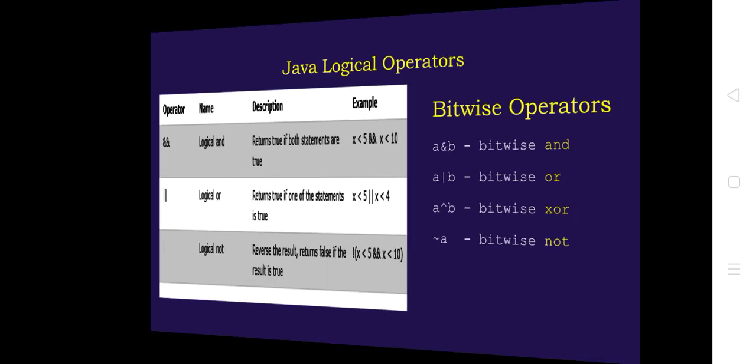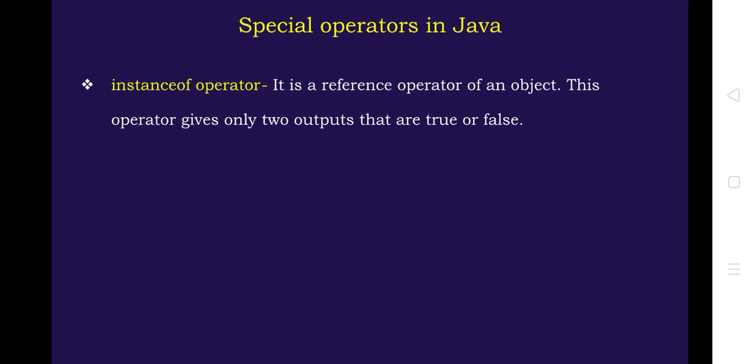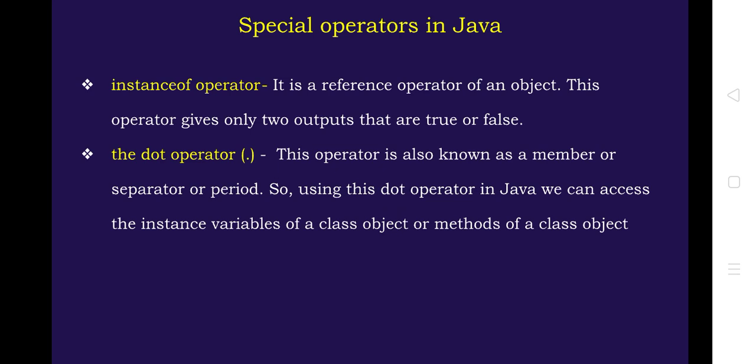Then we have the next group of operators called special operators. We are mentioning two operators: the instanceof operator and the dot operator. The instanceof operator is also called the reference operator of an object. We know that Java is based upon the object oriented concept, so we have classes and objects in Java.